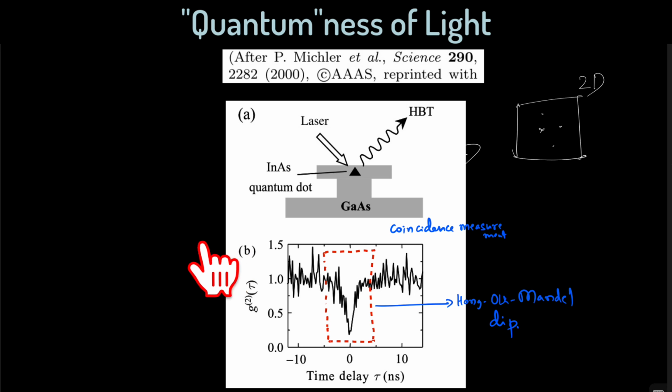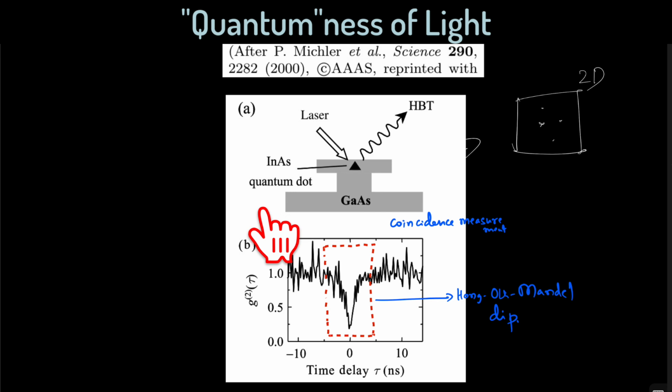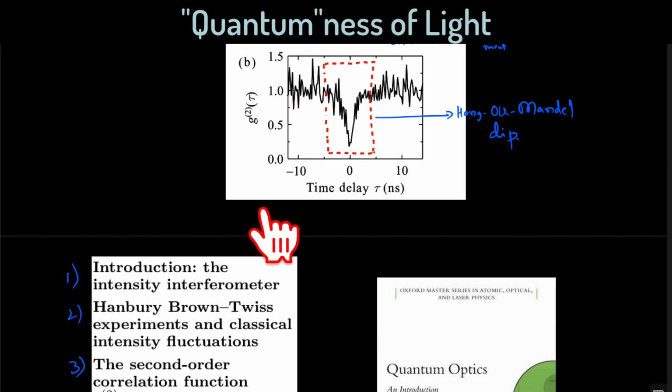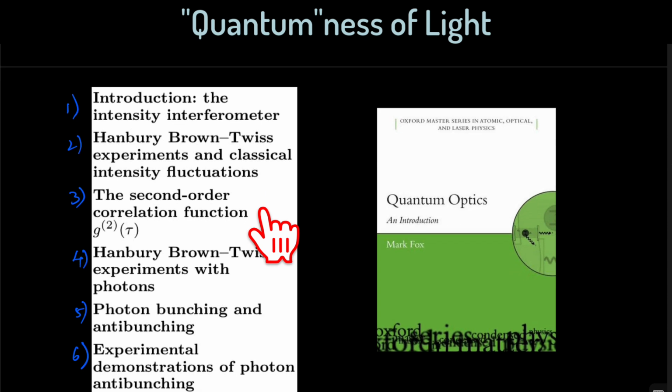This also gives a very direct connection between the so-called correlation function and the quantumness of light. And I would urge you to have a look at the literature a little more closely to understand the concepts.